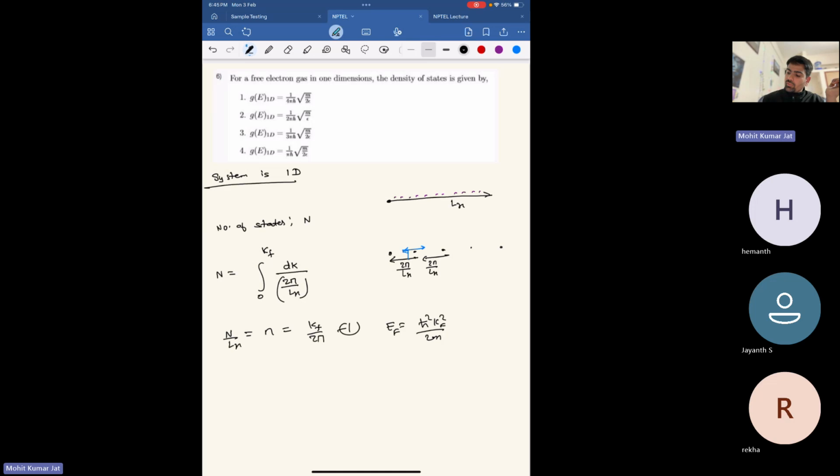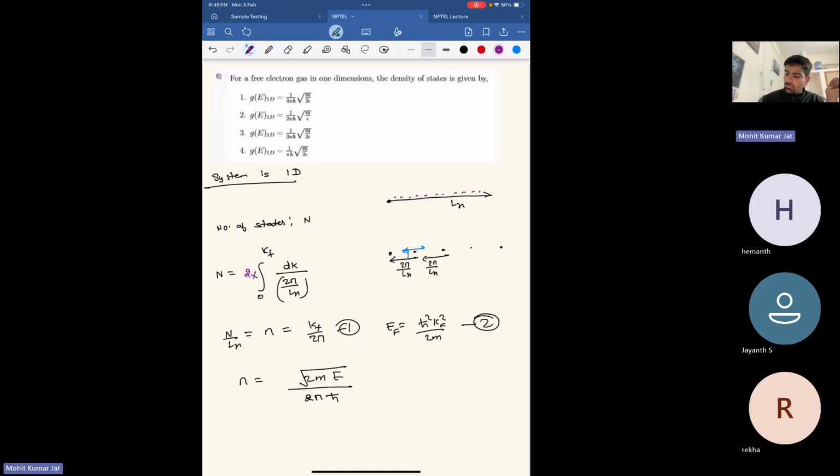And I know that E F equals h bar square k square by 2m. This is equation 1, this is my equation 2. I can substitute equation 2 in 1, and that will give me n equals square root of 2mE over 2 pi h bar. Though I can also consider the spin degeneracy of 2.